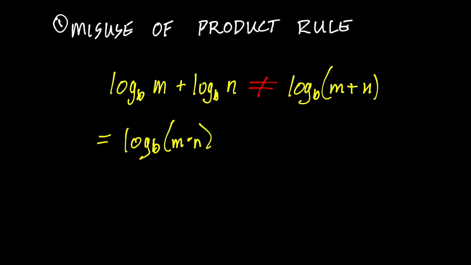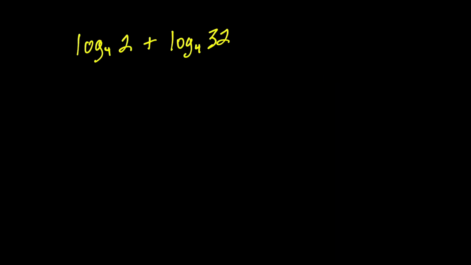Let me show you a quick example on how to use the product rule. Notice that I have log base 4 and log base 4. So I'm adding, which means I'm going to multiply this argument by this argument. That gives me log base 4 of 2 times 32.